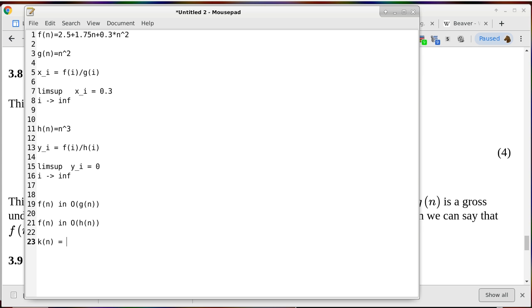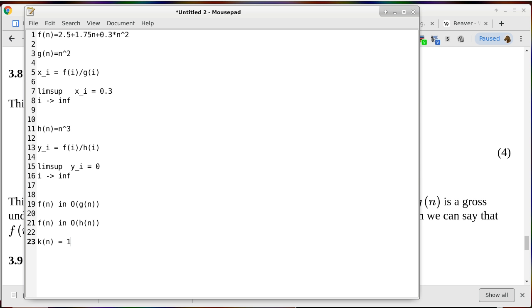That's the simplest constant I can think of, just 1. So when you look at k of n being 1, what is going to happen to f of n divided by k of n as n approaches infinity? The series is going to approach infinity.